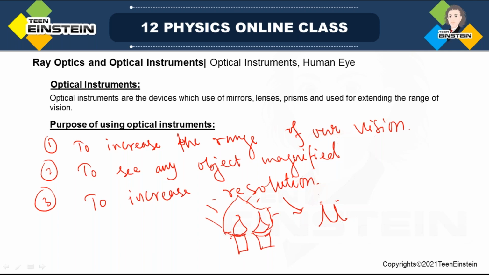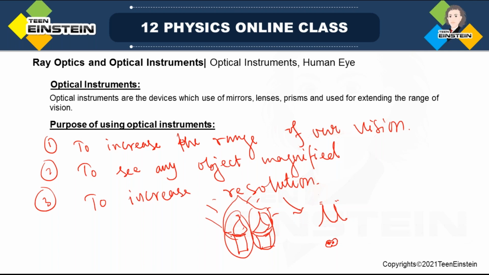But if your telescope has better resolving power, and you see from very far, it can see these two distinctly. Similarly, if you have very tiny particles which cannot be seen with our naked eyes, they will not be visible distinctly.